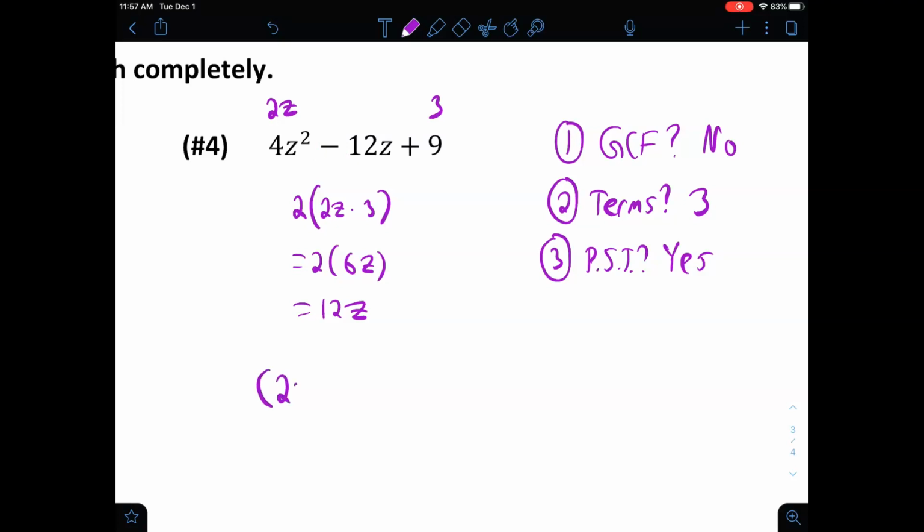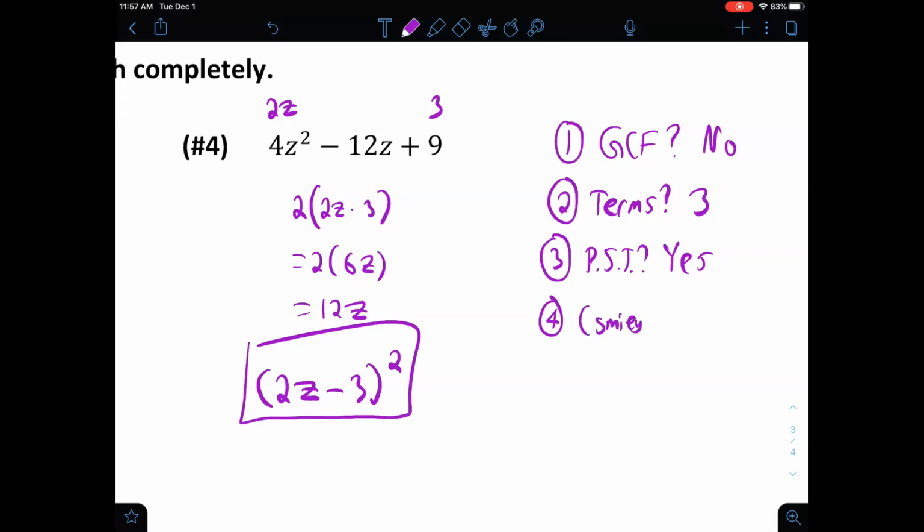If you want to do the smiley face method, you can, but we're going to stop here and do the shortcut with the perfect square trinomial, since we were able to. It's going to be 2z minus 3 all squared. I'll put smiley face in parentheses if you want to still do that. But this is the final answer: 2z minus 3 all squared.